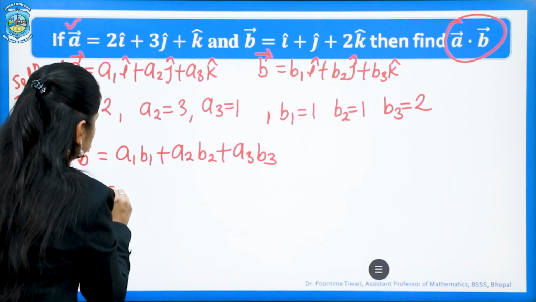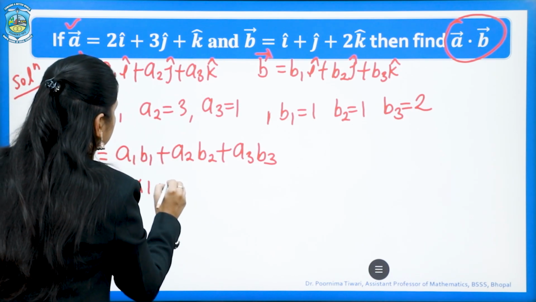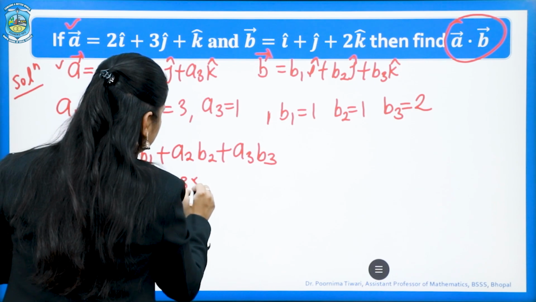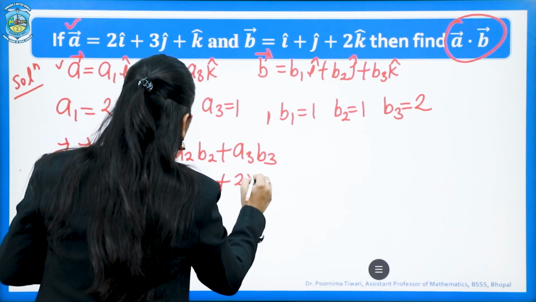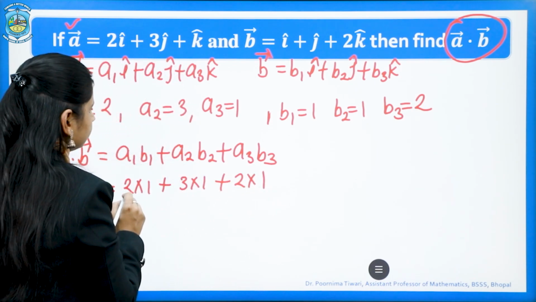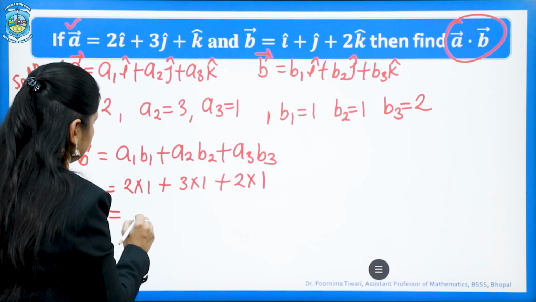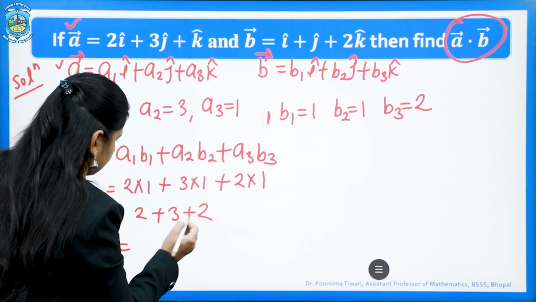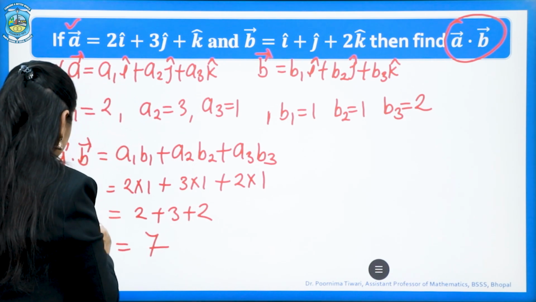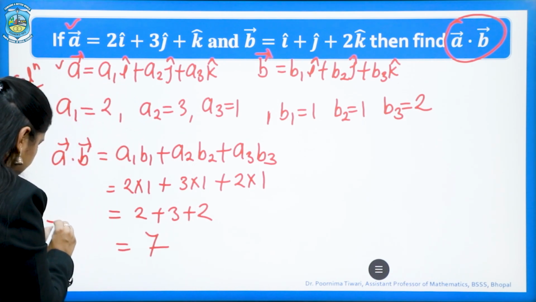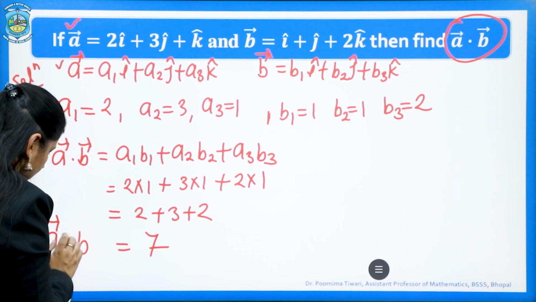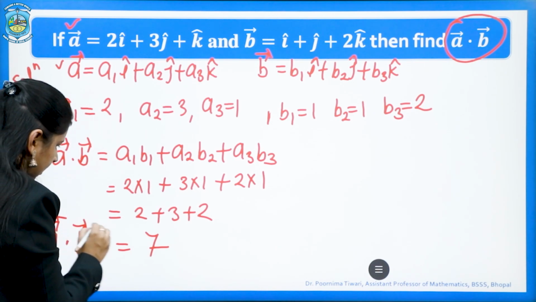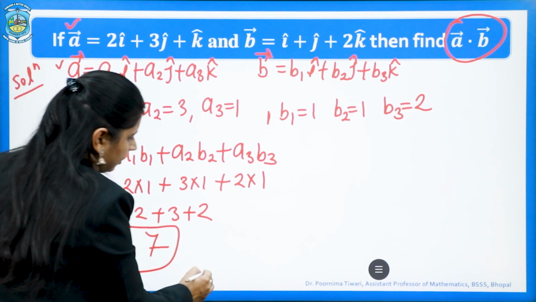So, we will get 2 into 1 plus 3 into 1 plus 1 into 2. So, we will get 2 plus 3 plus 2, that is 5 plus 2, 7. So, in this given case, dot product of vector A and B is 7.